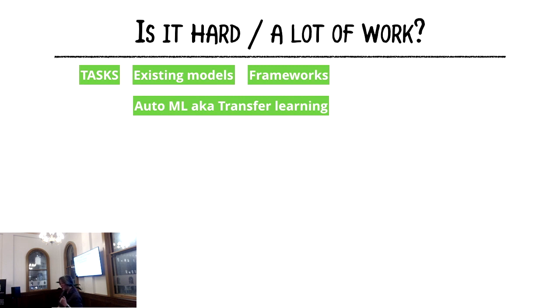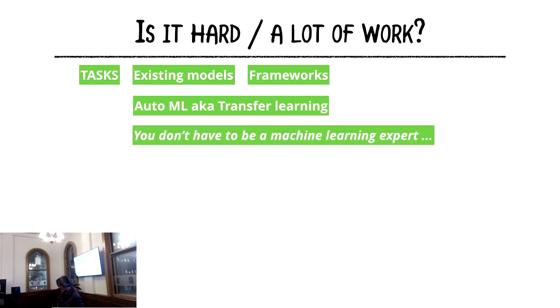And that's, Google's calling it AutoML, and its official name is transfer learning. And if you go to Apple's webpage about machine learning, it says, you don't have to be a machine learning expert. Okay, they're trying to reassure you that you don't have to go out and learn all the maths. Just use their tools. Okay?